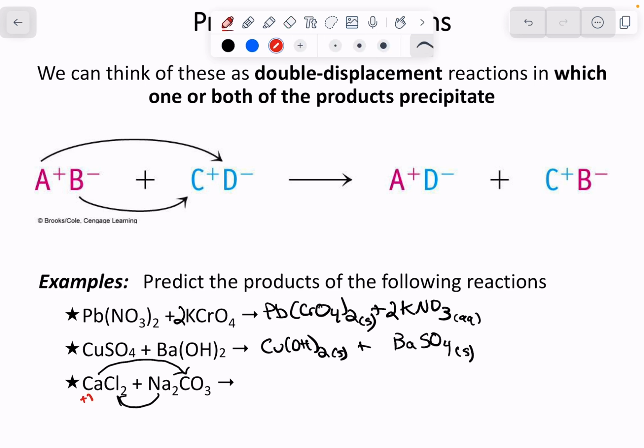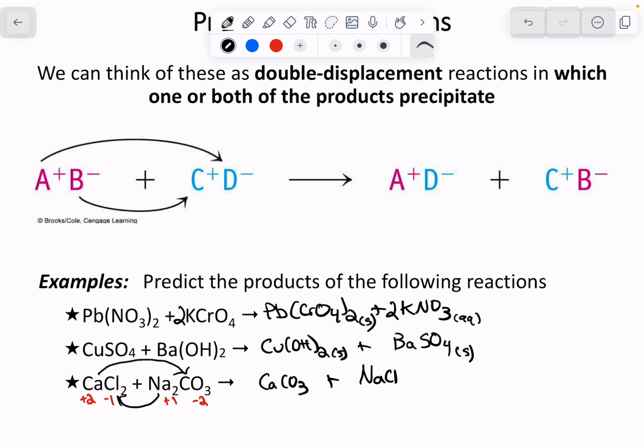This is a +2, and this is a -1. This is a +1, and that's a -2. And so what you see now is the following: you're going to make CaCO3 plus NaCl. You make sure that the +1 and the -1 come together.